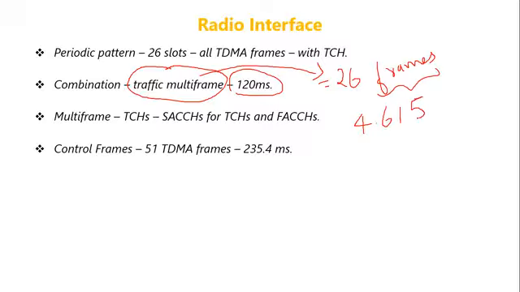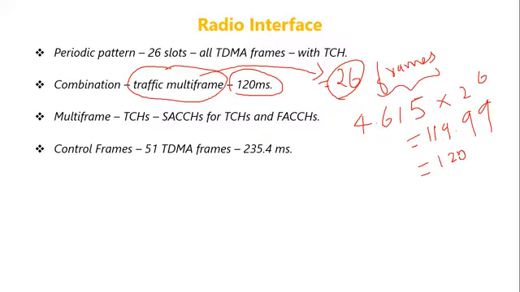Now we have how many such frames? 26 such frames. So you multiply 4.615 into 26, and what you get is 119.99, which is rounded to 120 milliseconds.